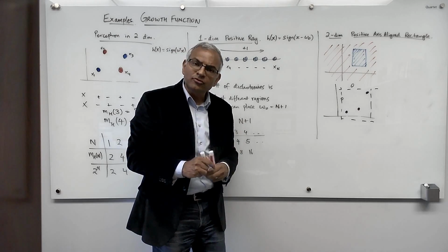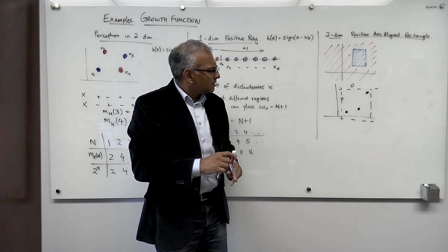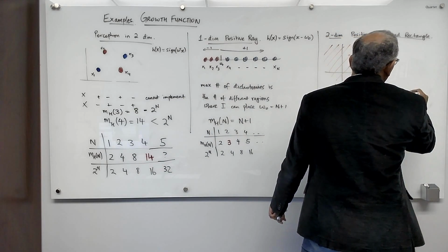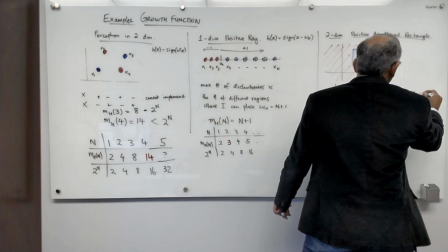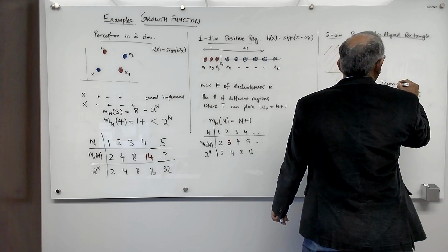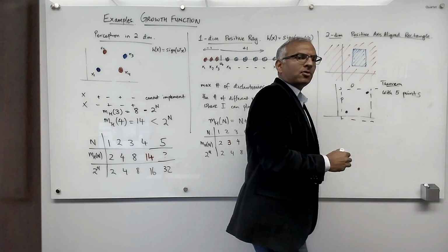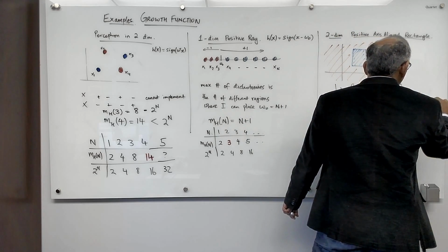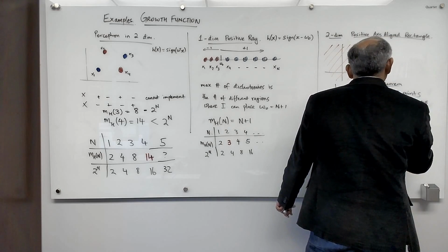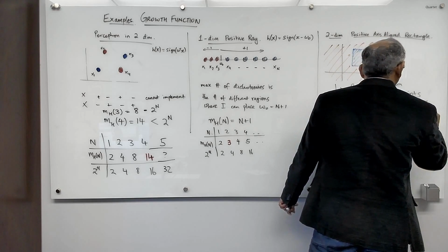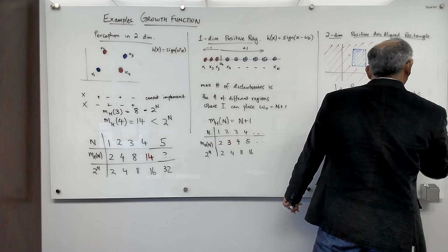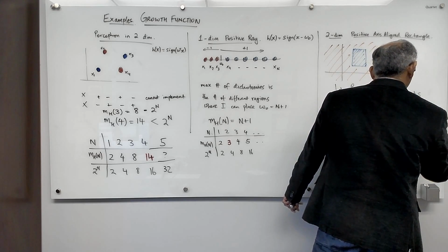So what I'm proving here is that, theorem, if you want to call it a theorem, with 5 points, there is always a dichotomy that cannot be implemented.